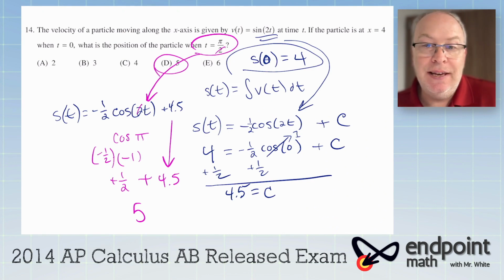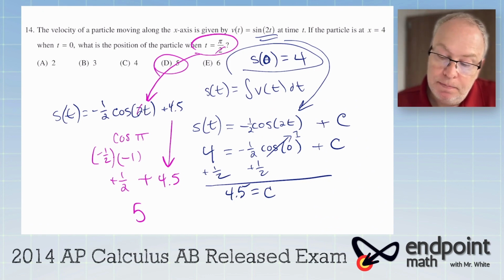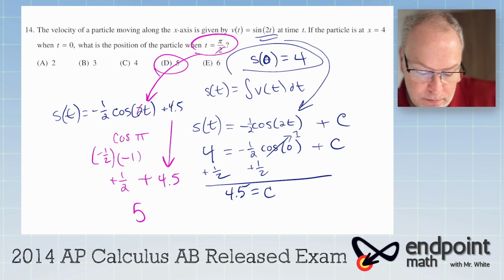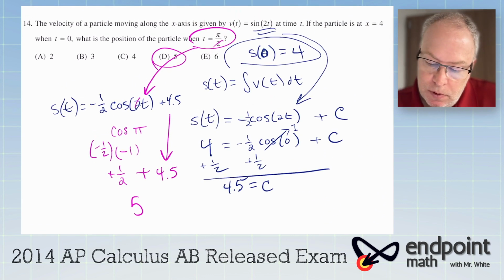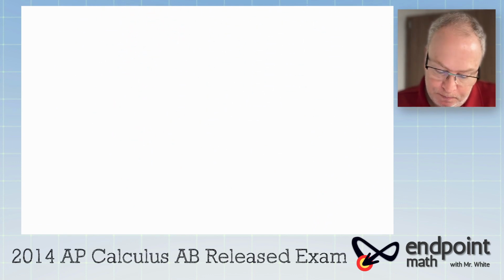The answer is D, 5. It started at 1 and then it moved to the right all the way to 5 at that point in time. All right. Okay, I actually misspoke. It started at 4 and it moved to 5. There we go.